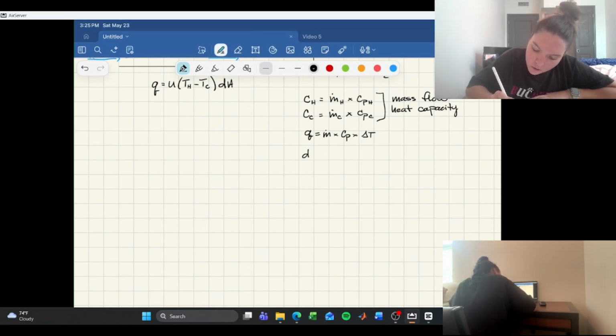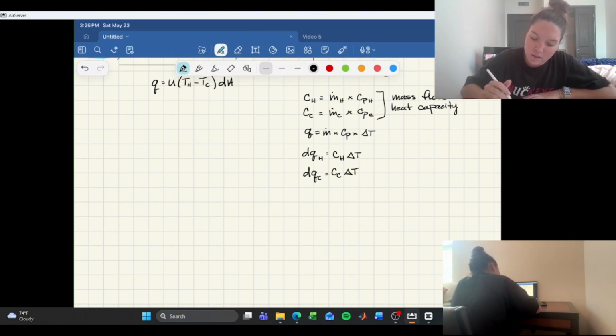So the change in heat flow is going to be equal to, the hot stream equation is going to be the mass flow heat capacity of the hot stream times the change in temperature, and the same thing for the cold stream, mass flow heat capacity of the cold stream times the change in temperature.